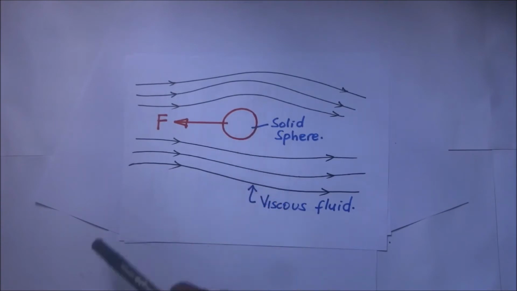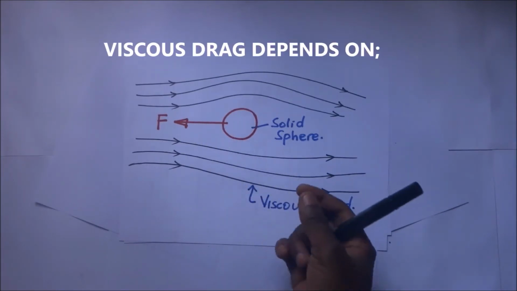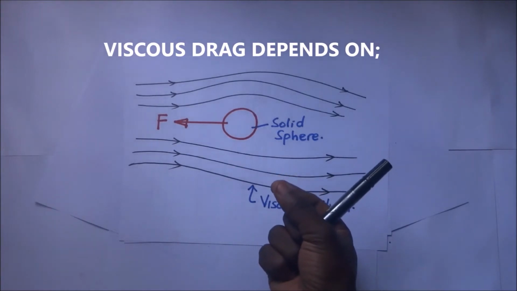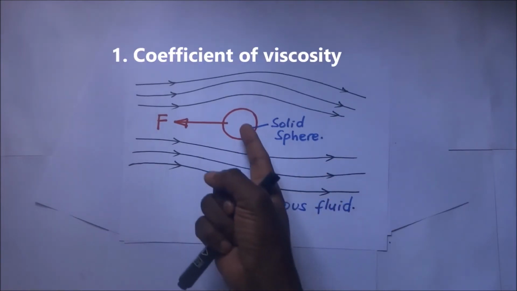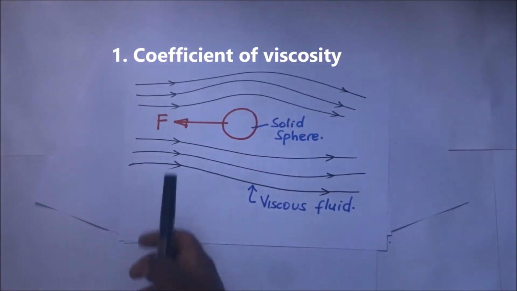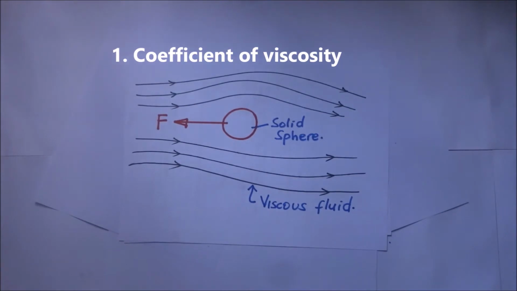Now this viscous drag depends on some factors. Some of the factors that affect this viscous drag: of course, what causes that drag, the resistance to motion, is the coefficient of viscosity. It's a factor in the magnitude of the viscous drag. We also have the size of the body.